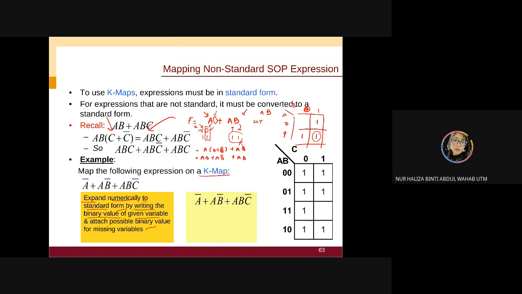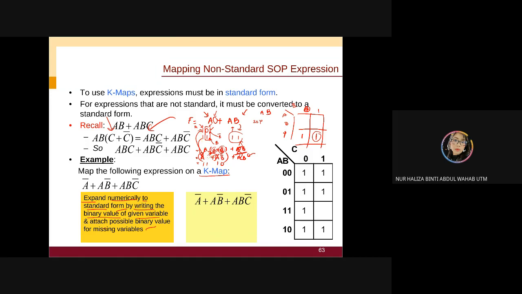You can see here you will get AB, where A is fixed and the only thing that changes is B and B bar. So you have this B bar, this B. 1, 0 is for A B bar, and 1, 1 will be here. 1, 0 will be 1 for A B bar.